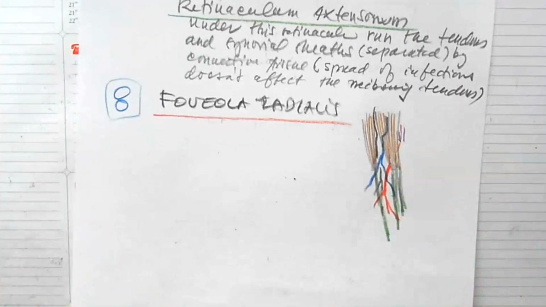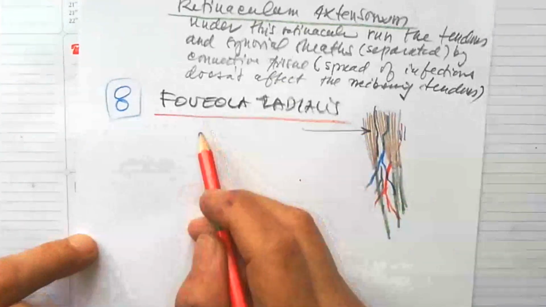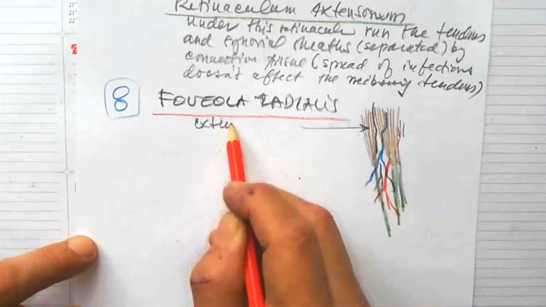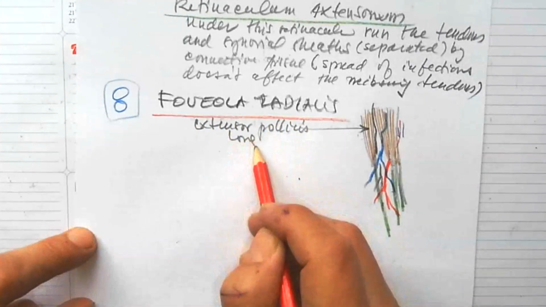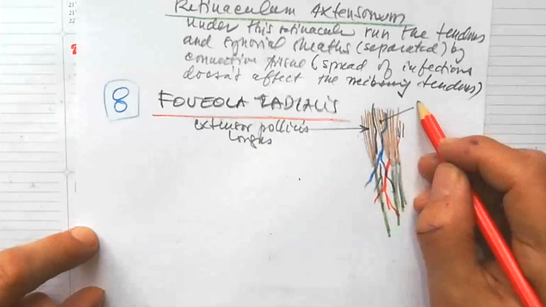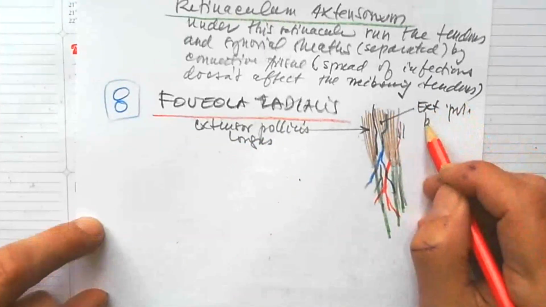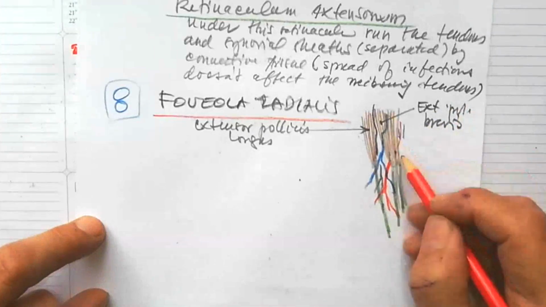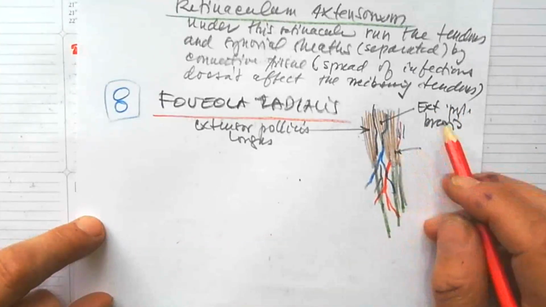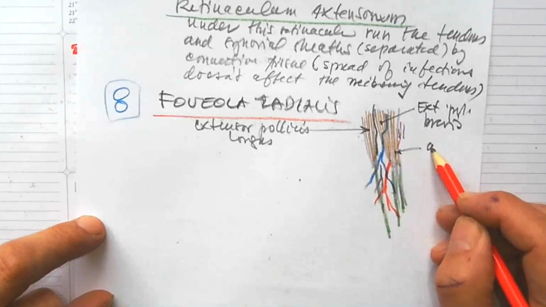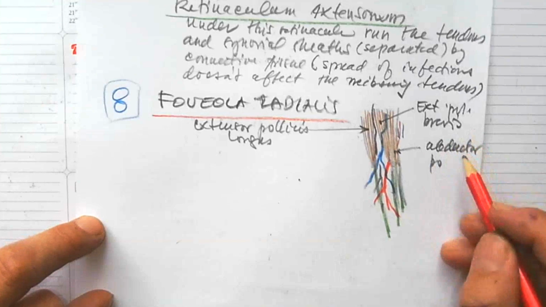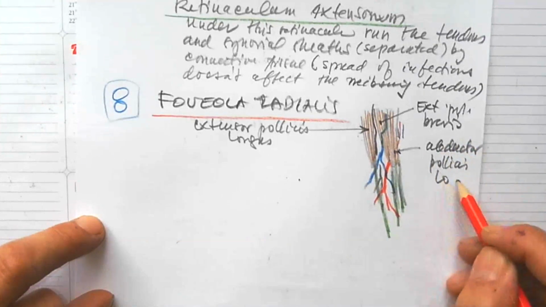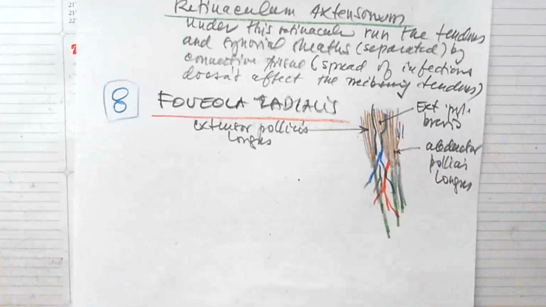And we could label them: here we have extensor pollicis longus, then that one is extensor pollicis brevis, and the last one is abductor pollicis longus, because there is also brevis.